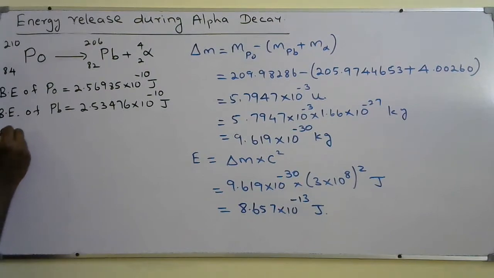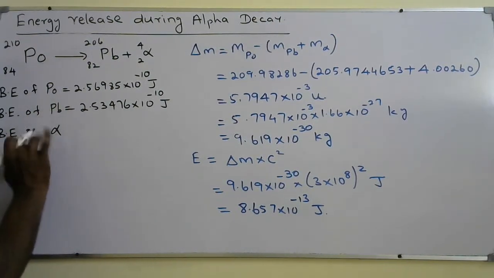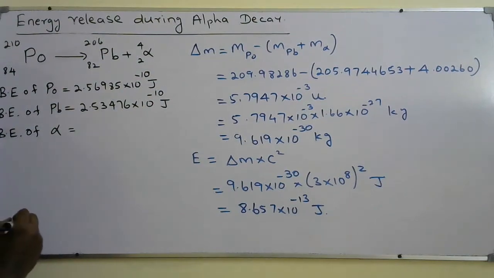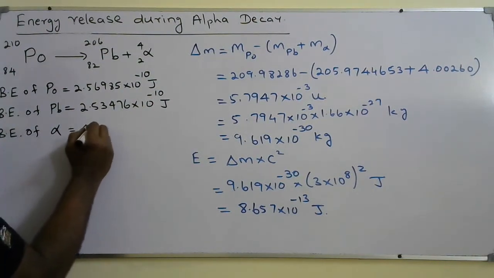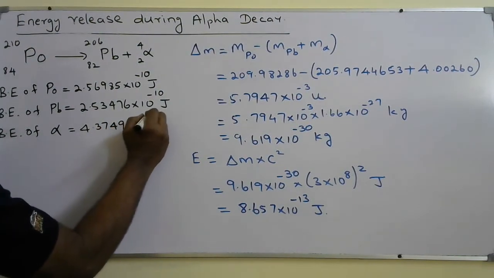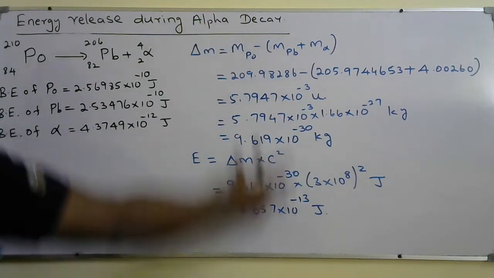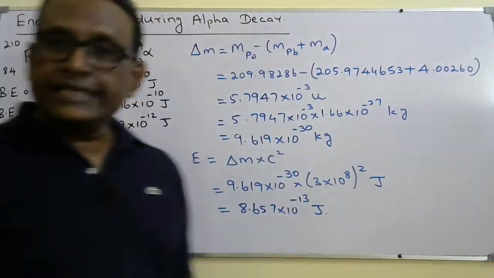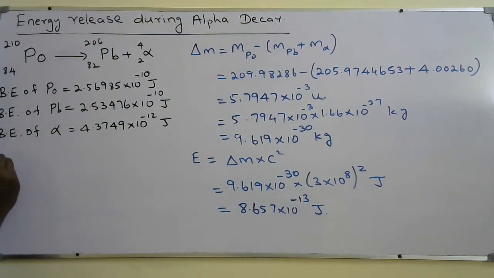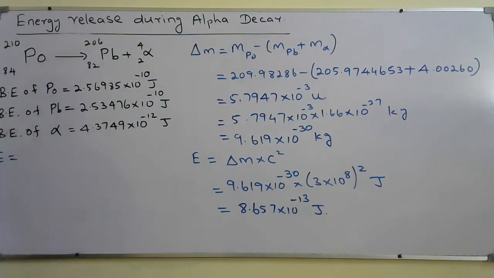Then binding energy of alpha, you know alpha is a helium nucleus, it also has binding energy, that will be 4.3749 times 10 to the power minus 12 joules. Okay, so in this method 2, earlier I found it by using mass deficit. If the binding energies are given, we can find the energy release as the sum of the binding energies of the products, that is Pb and alpha, minus the binding energy of the polonium.